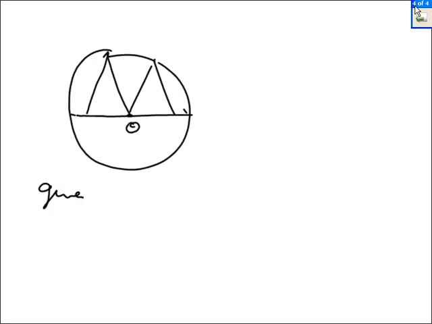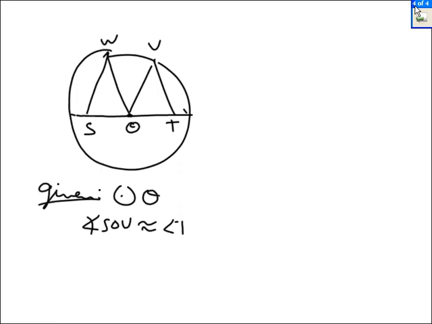And what are you given? Well, you're given circle O. And you're also given that SOTWV, let's label it this way. You're given that angle SOV happens to be congruent to angle TOW.